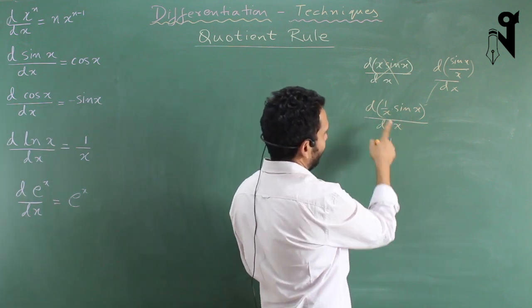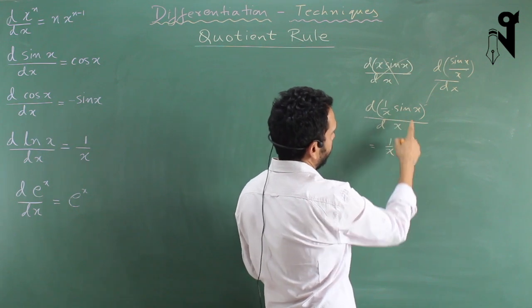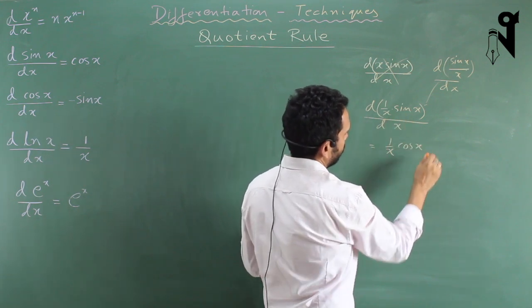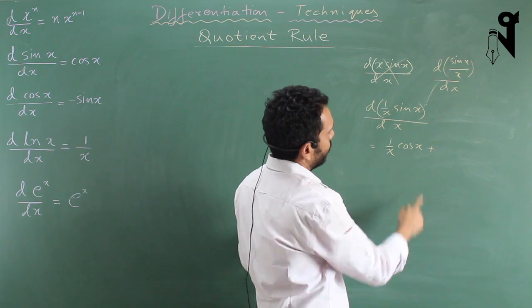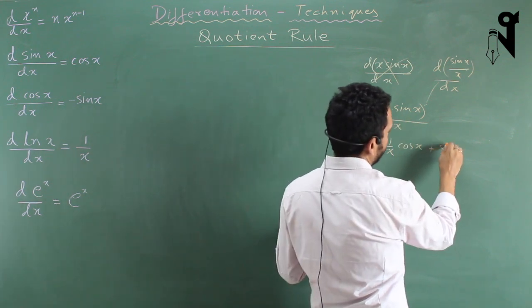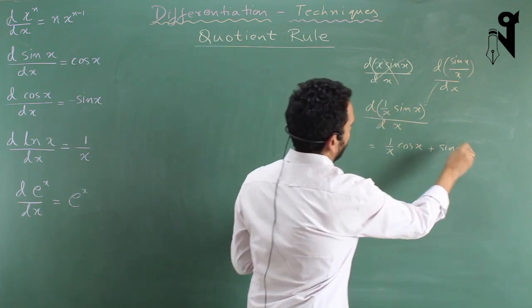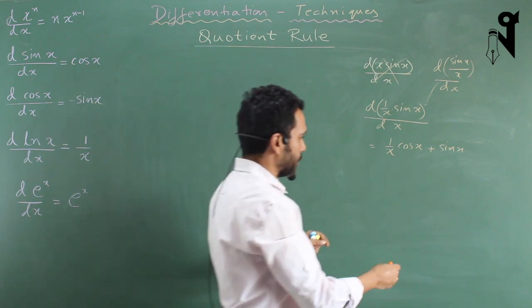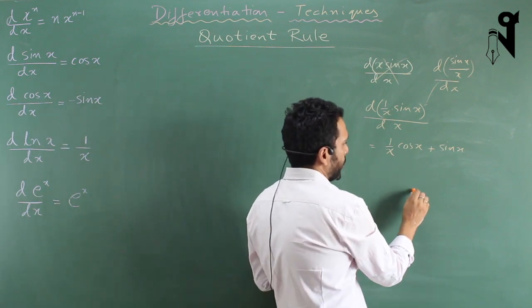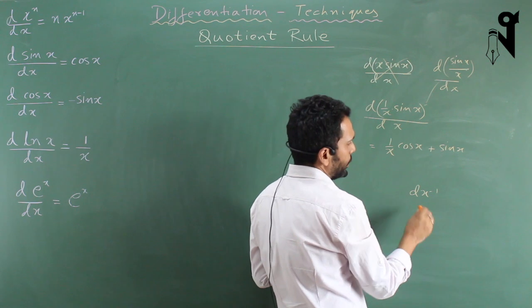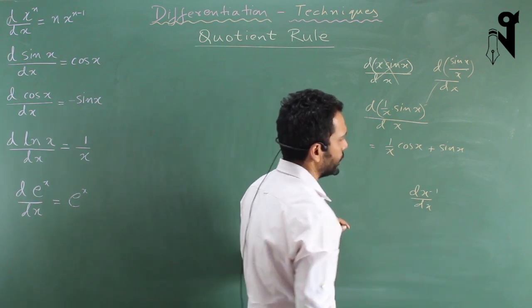First you can take 1 by x outside and differentiate sin x, which will give you cos x. And next you can take sin x outside and differentiate 1 by x. So what is differentiation of 1 by x? 1 by x is x power minus 1, d by dx. What is the differentiation of that?